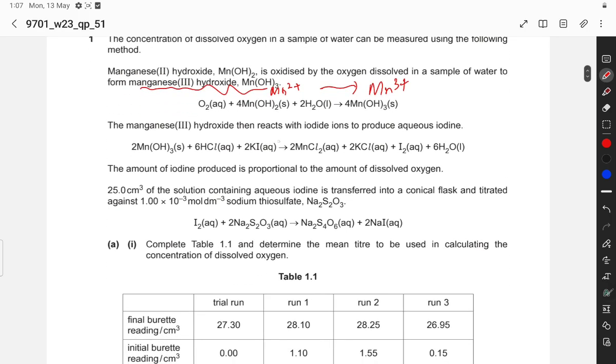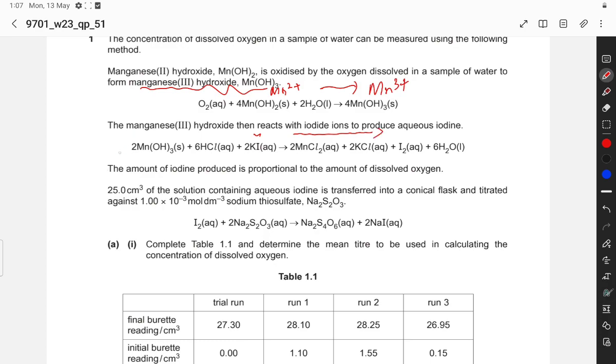The manganese(III) hydroxide then reacts with iodide ions to produce aqueous iodine. Now this manganese(III) hydroxide reacts with potassium iodide to form manganese(II) and iodine. Iodide is going to be oxidized.